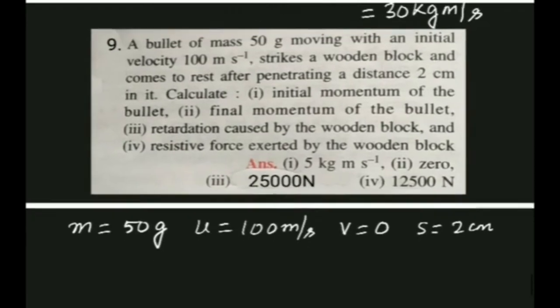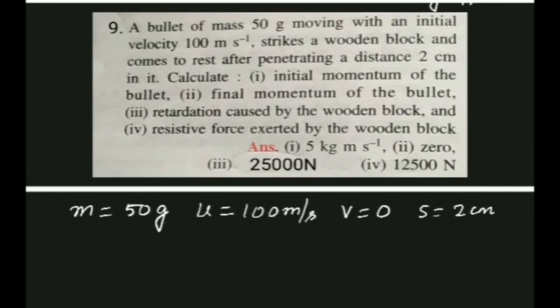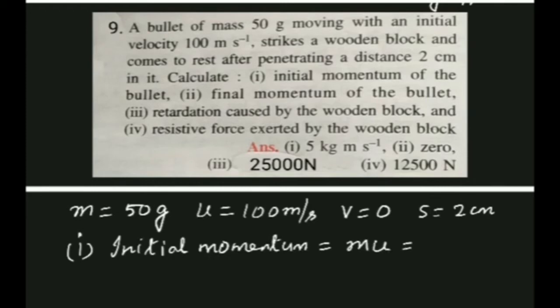Calculate initial momentum, first part. Now initial momentum, when they are asking, you will write m into u. So 50 upon 1000 into 100. So it will be 5 kilogram meter per second.